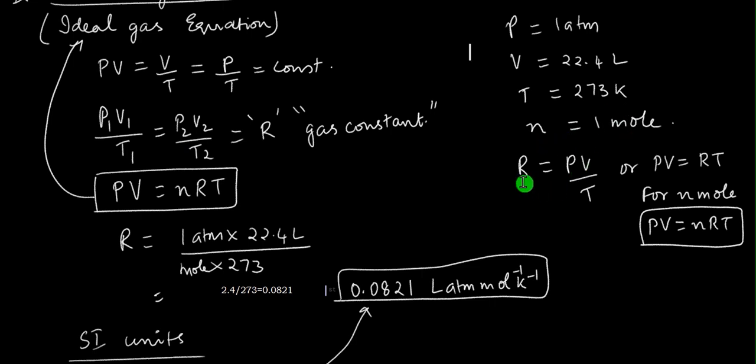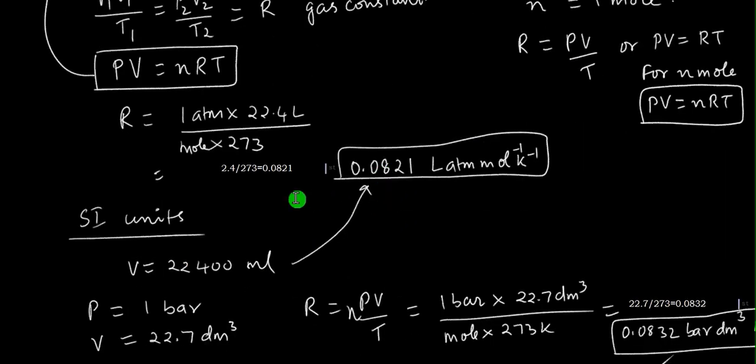Then, from the ideal gas equation, R for 1 mole will be PV by T. If you substitute the values of P, V and T, you get P is 1 atm, V is 22.4 liters per mole, divided by 273 Kelvin. If you divide 22.4 by 273, you get 0.082. So that will be liter atm per mole per Kelvin. That will be the unit for R.